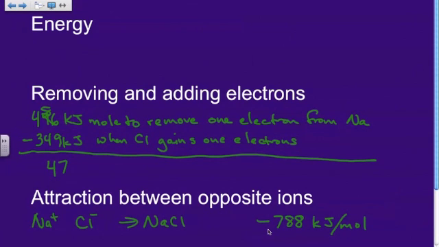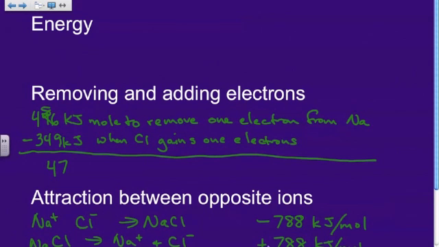If we look at this another way, if I were to put in 788 kilojoules per mole, that means I could take NaCl and split it into sodium and chlorine ions.